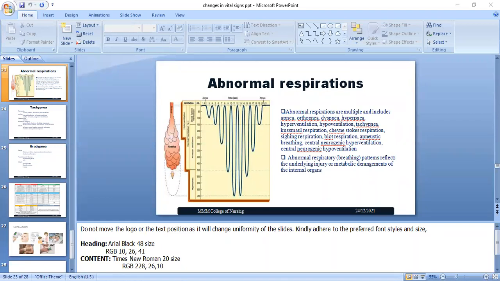To conclude, children have a very wide range in their vital signs, ranging from low to high body temperature, blood pressure, saturation, respiration, and heart rate.